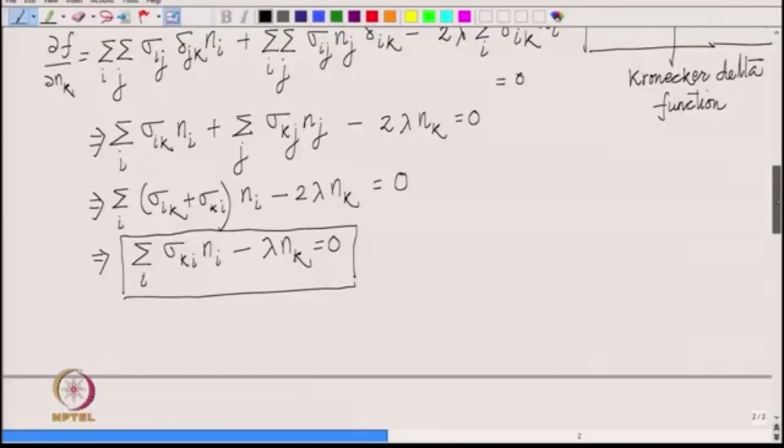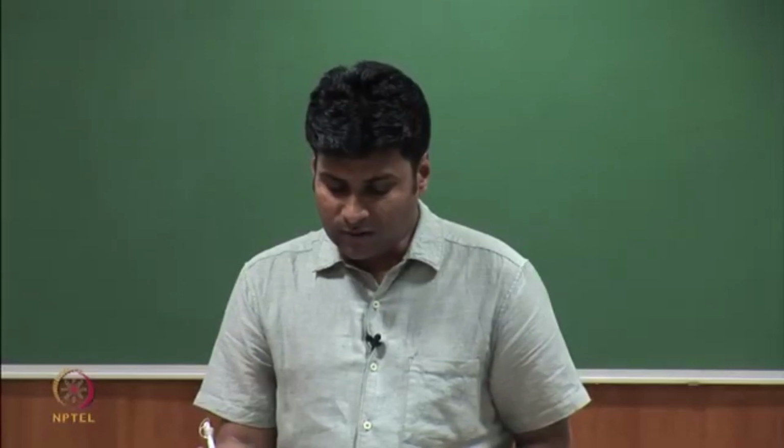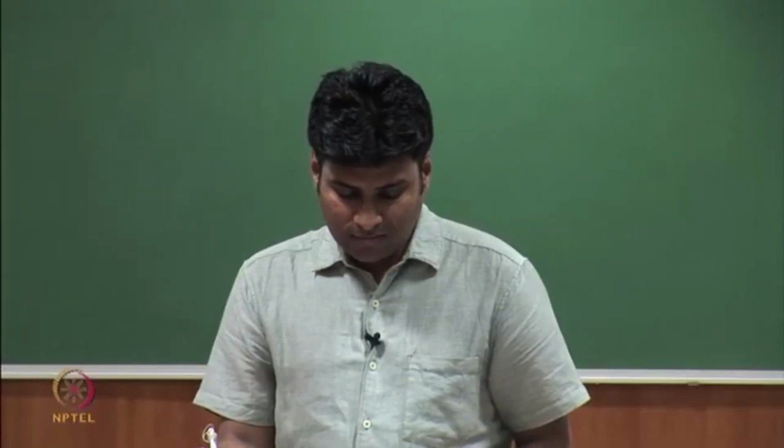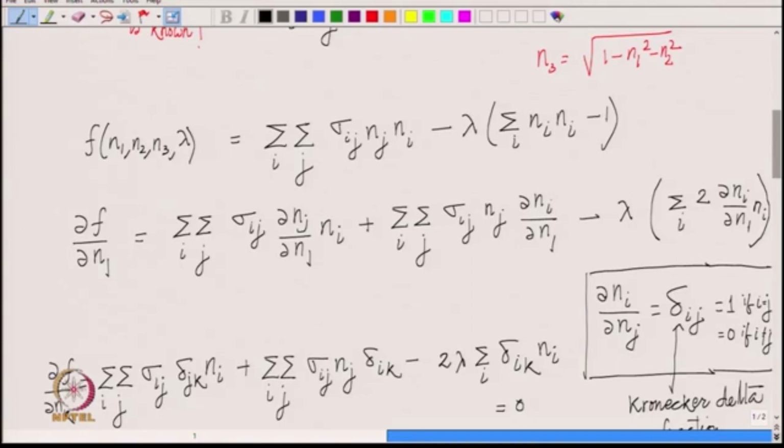So, these are the derivatives with respect to n_1, n_2, n_3, and what happens when you take the derivative with respect to lambda? Look at this function. So, if you take the derivative with respect to lambda, what do you get?